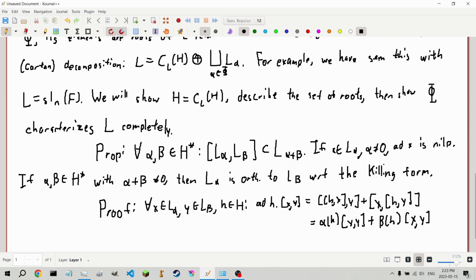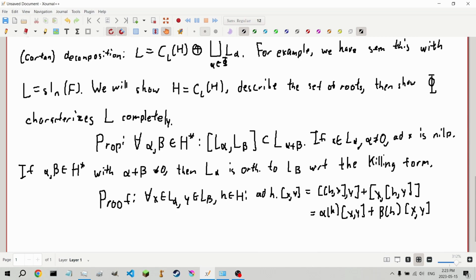These two come from the fact that x is in L alpha and y is in L beta.